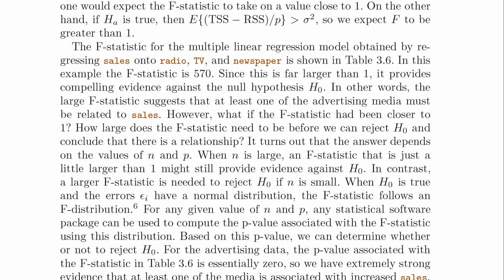It turns out that the answer depends on the values of the number of observations n and the number of predictor variables p. When n is large, an F statistic that is just a little larger than 1 might still provide evidence against H0. In contrast, a larger F statistic is needed to reject H0 if n is small.